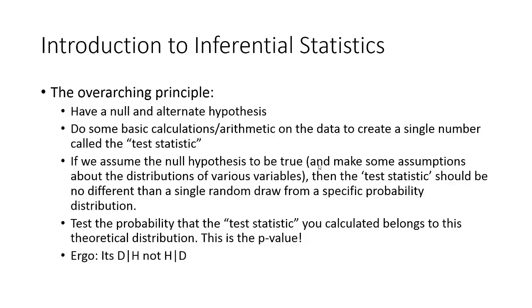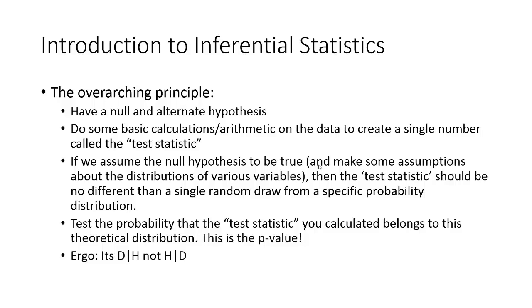Now, once you have done this process, you might say, look, if the null hypothesis is true, then the test statistic that I calculated should have come from this distribution. But look at the number that I got in my hand. It's so unlikely that I could have gotten this test statistic from this distribution.